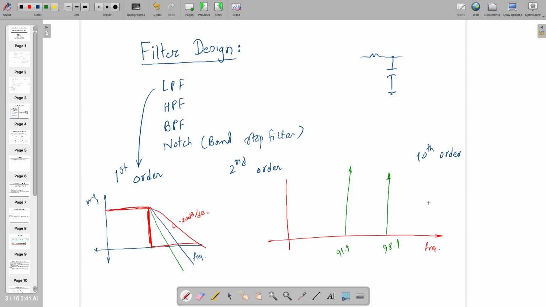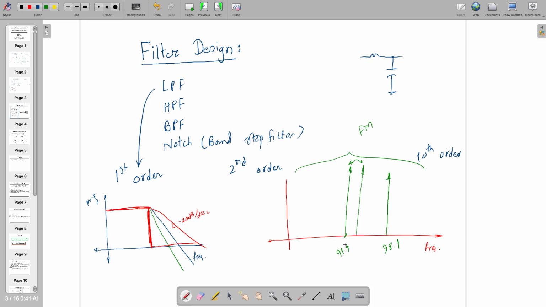So these frequency bands are available, and they are near to each other. They are allotted to these radio stations, which are known as FM, or the frequency modulated bands, where I am interested only in, let's say, 91.9. I am not interested in other bands which are very much nearby. But if you go nearby, you will hear that one also.